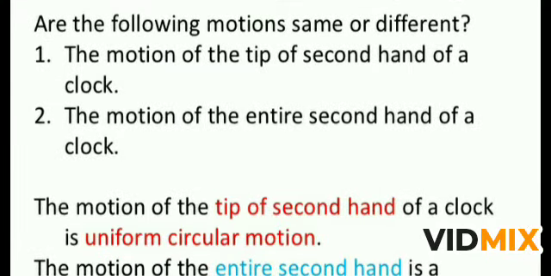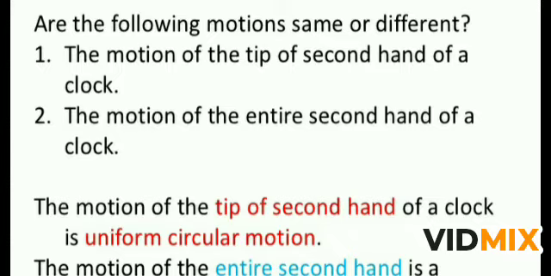Are the following motions same or different? The first is the motion of the tip of the second hand of a clock. The second hand means the needle which shows the seconds. In the first case we see the tip only, and in the second case we see the motion of the entire second hand of the clock. Are these same or different?